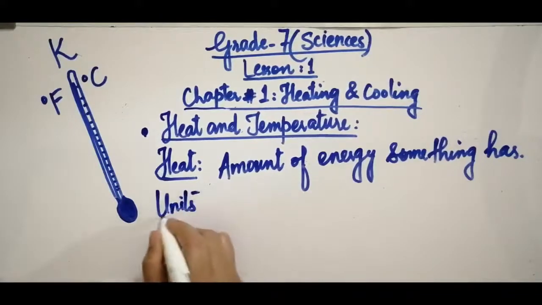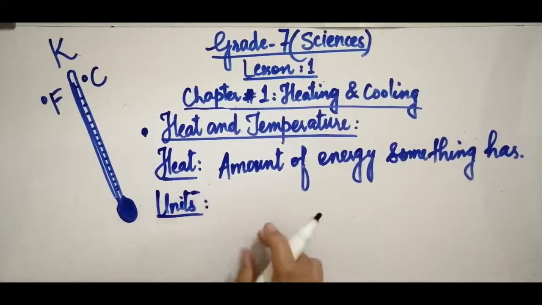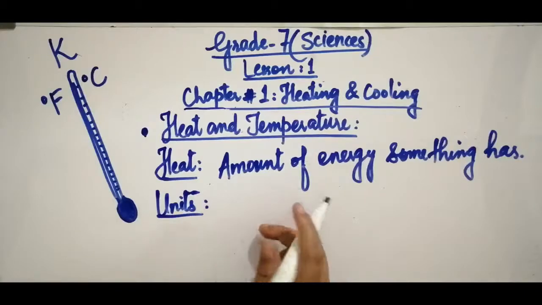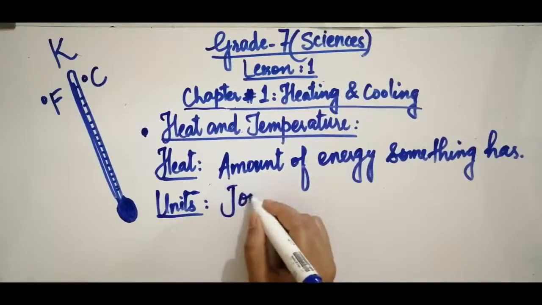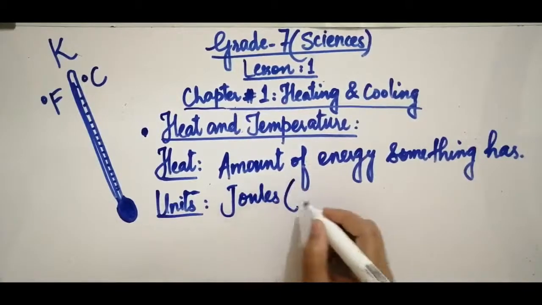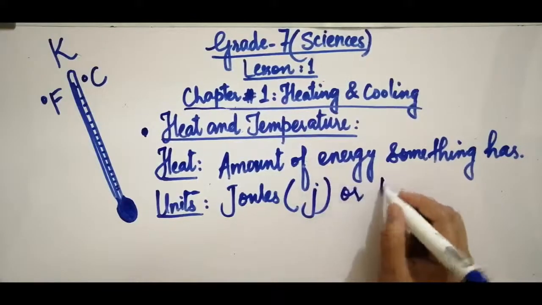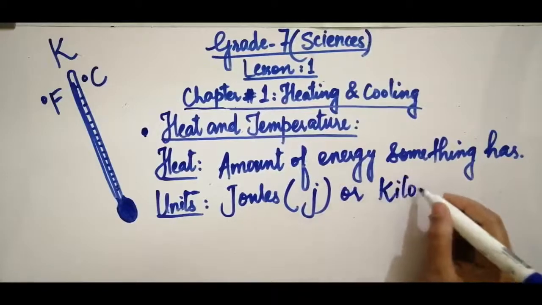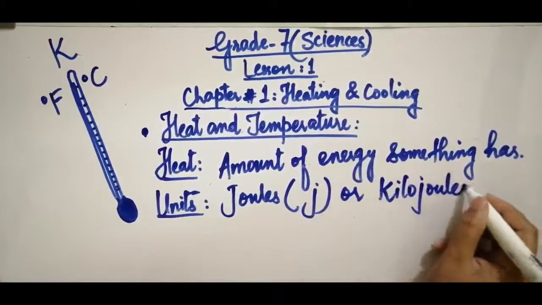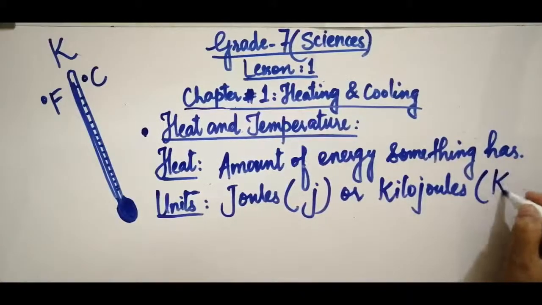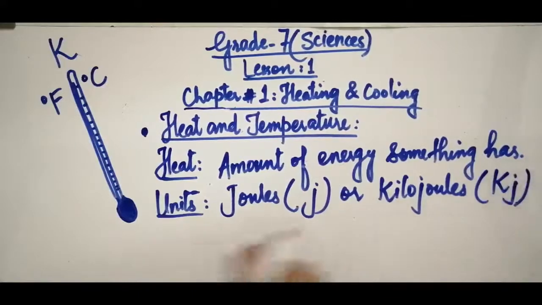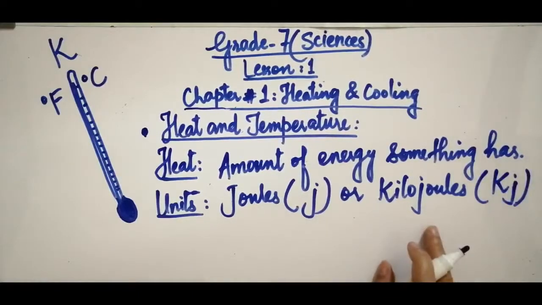So which units normally are used for the representation of heat? These are called joules, represented as J, and kilojoules, represented as kJ. So these are called the units of heat.